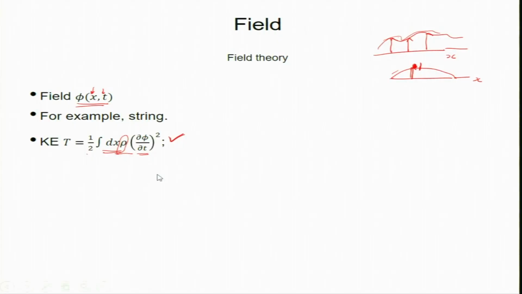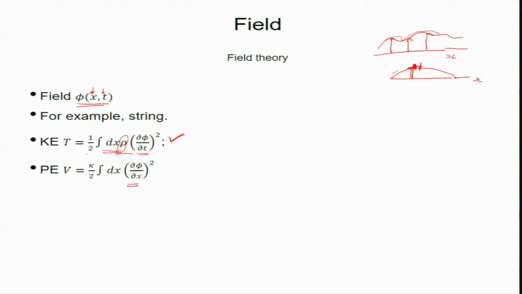We can define potential energy. It is kind of elastic energy. Okay. So, if it goes up, then it is elastic, it tries to come back. So, that is in fact more like an oscillator.